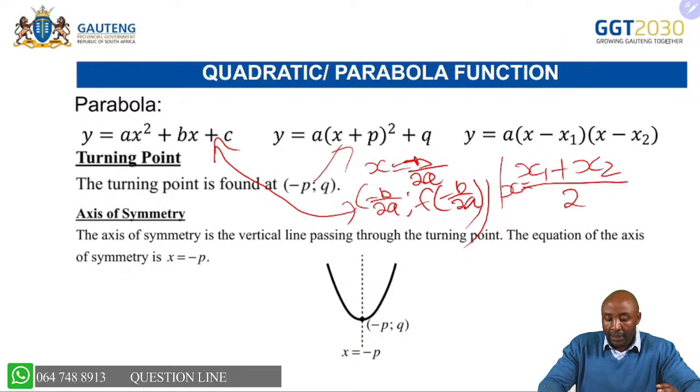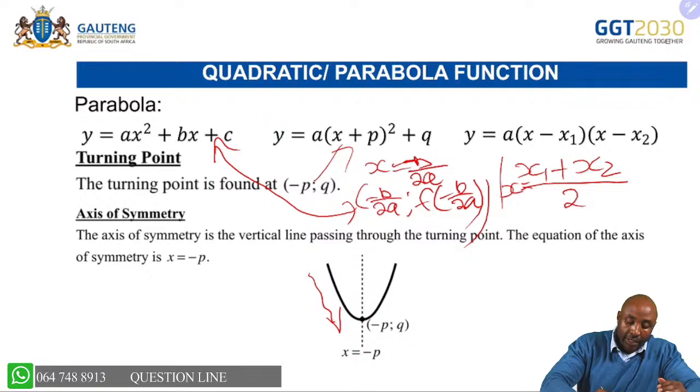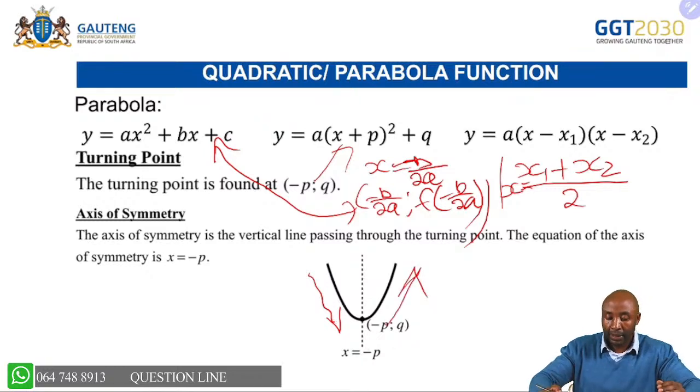The equation of the axis of symmetry divides the graph into two equal parts. Like I said, if our a is positive, it would mean our graph is concave up, our function will decrease up to the turning point, then it will start to increase like that.